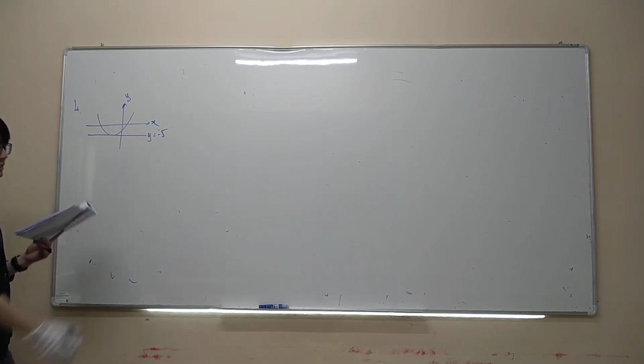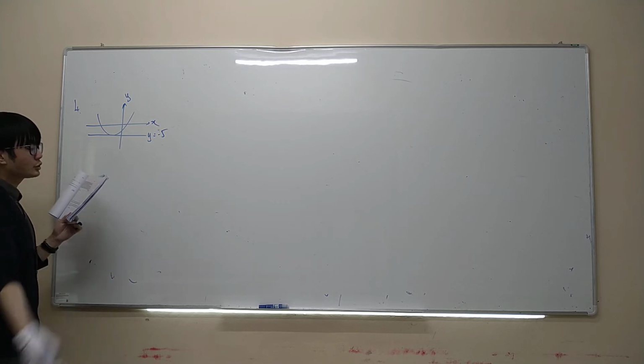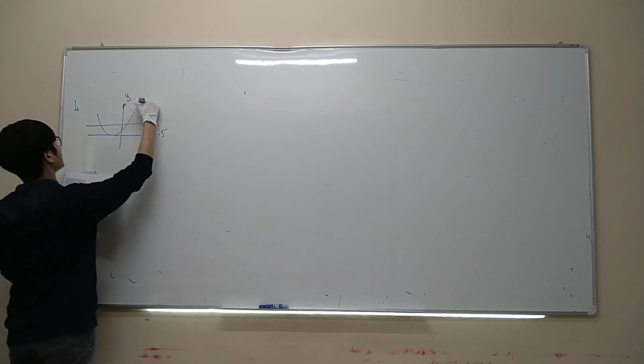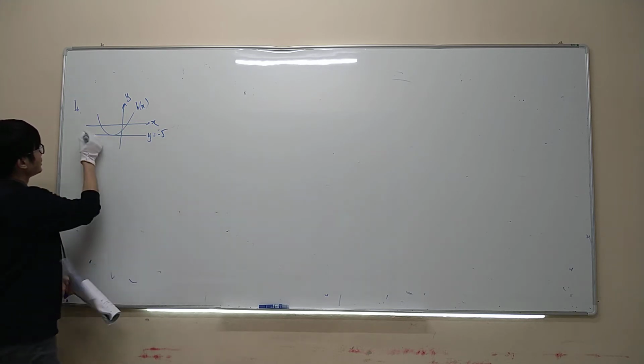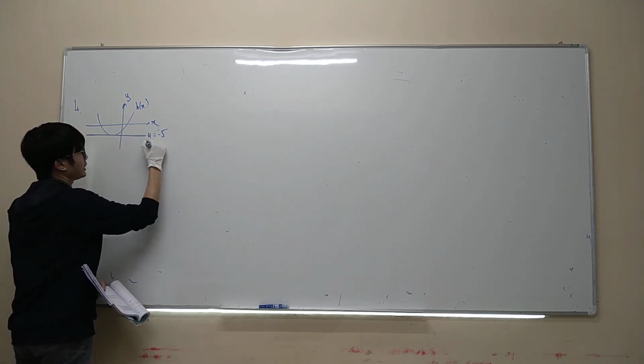So let's continue here. Diagram 4 shows the curve y equals h(x). The straight line y equals -5 is a tangent, so I should write the tangent here.